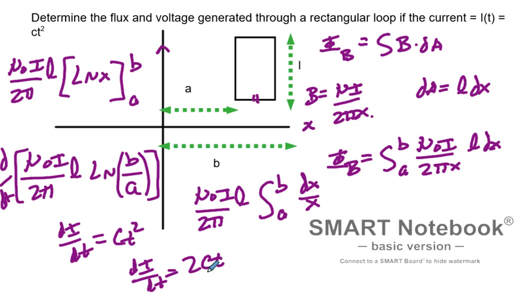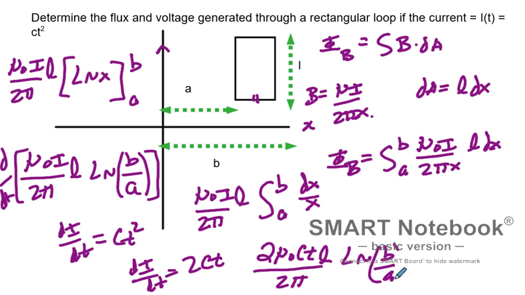I'm going to plug 2Ct in originally where I have my I because I've taken the derivative of that. And our equation then becomes 2 mu naught Ct L divided by 2 pi multiplied by the natural log of b divided by a.